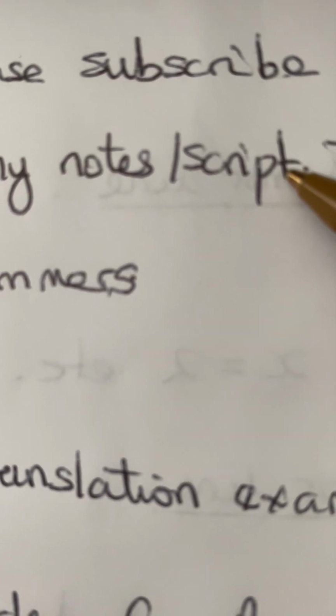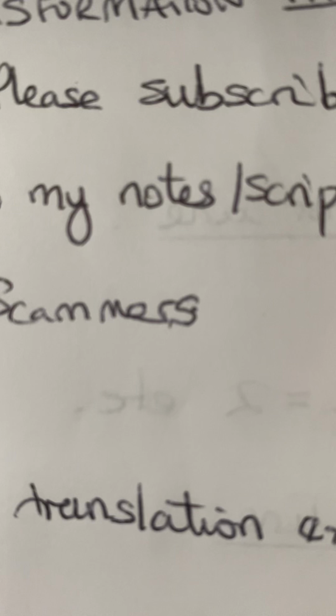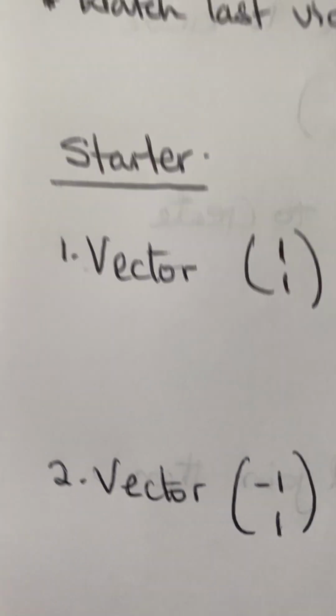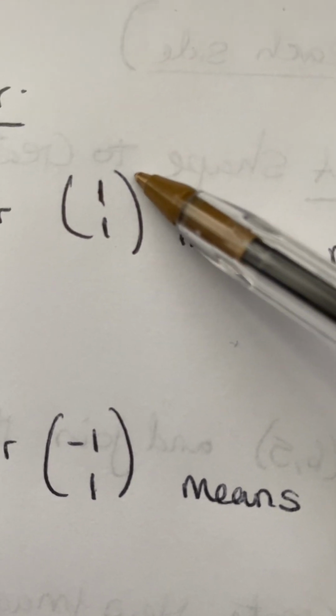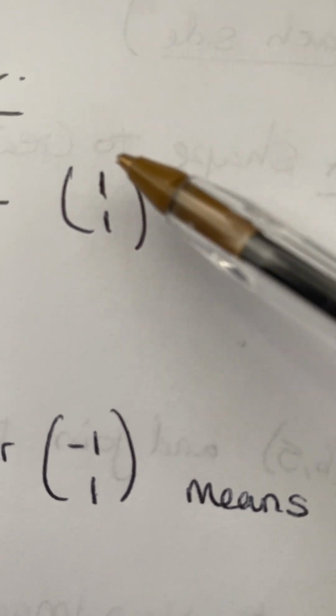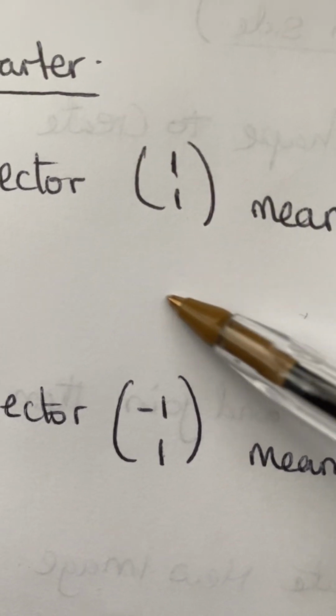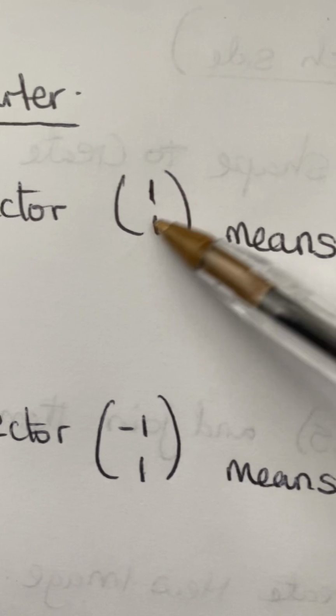So please follow my notes. Also, this is 1, 1. So if you hear 1 minus 1, that will be 1 minus 1. If I'm pointing here, then whatever I'm saying is relating to this part.